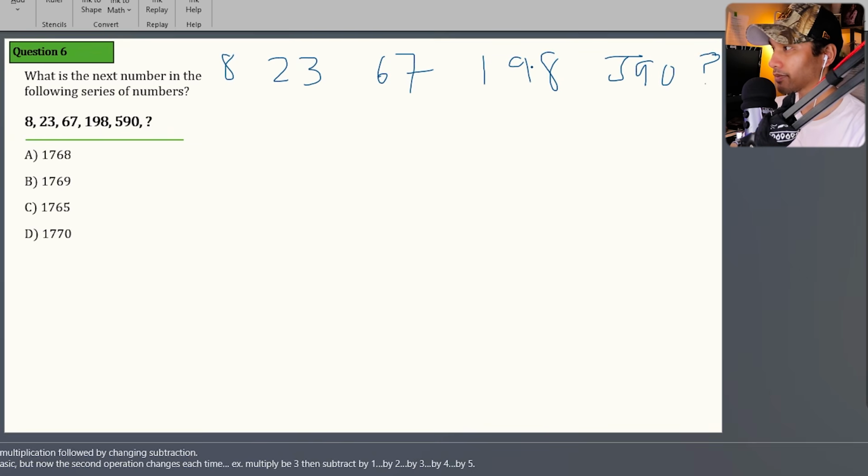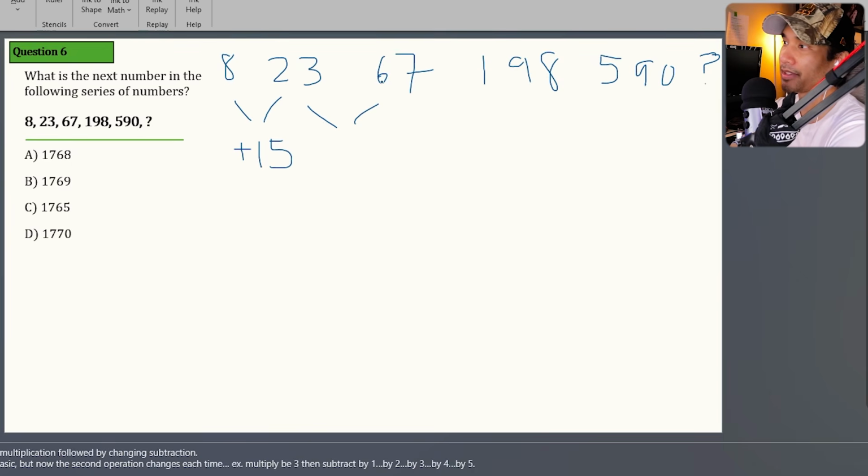Okay, that's an ugly 5. I'm sorry. So you could just try differences, right? 8 to 23, that is plus 15. 23 to 67, I don't even want to try it. It's just not going to look right.